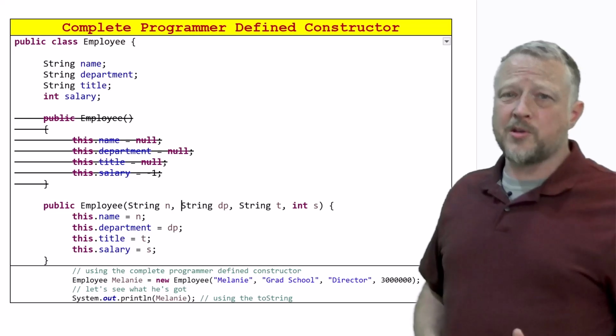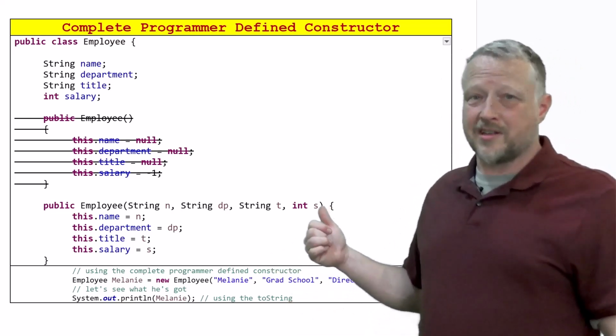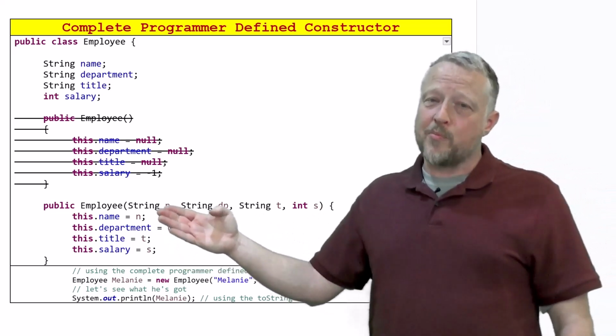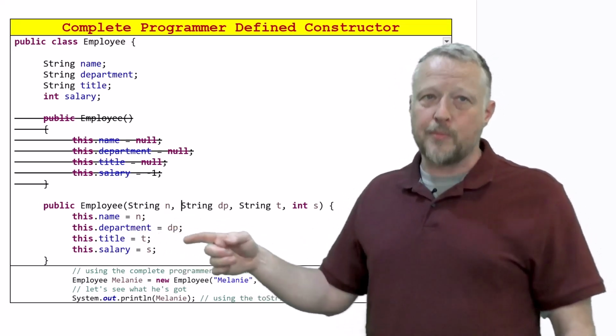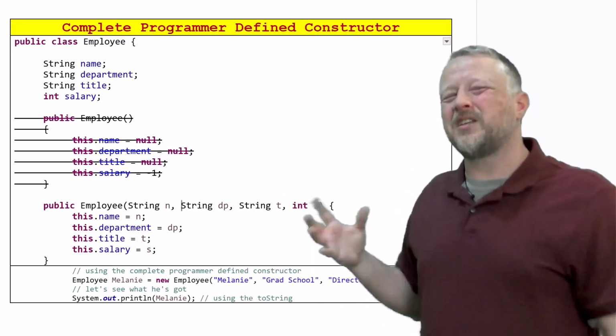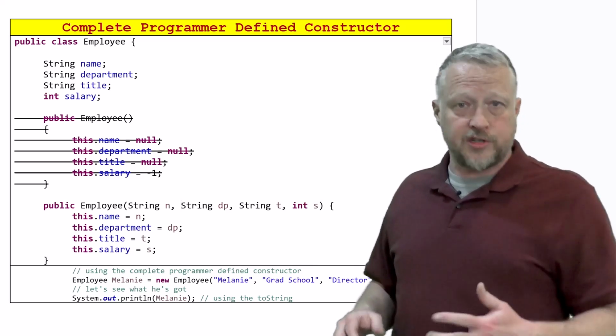And to be very honest with you, I'm not even crazy about the names of the variables. S doesn't mean anything. T doesn't mean anything. Now, we happen to know that N probably means name, DP is probably department, T is probably title. But I'm still not crazy about this, though at least it's a little different than what we had before, and hopefully it makes a little more sense to you.